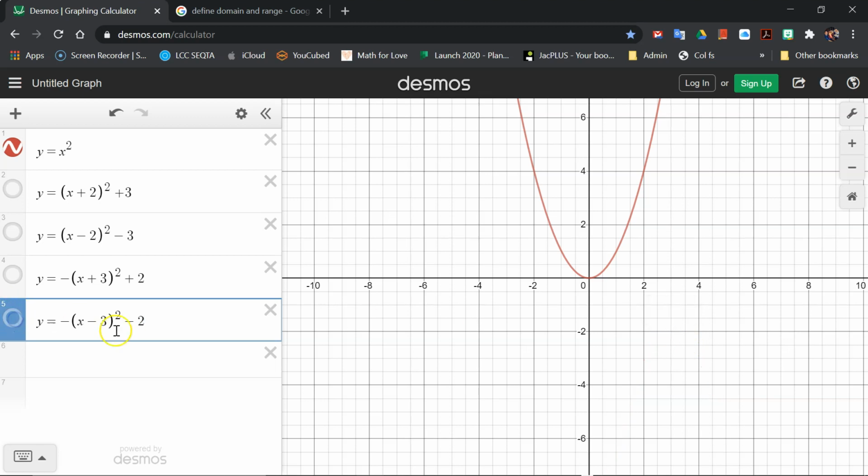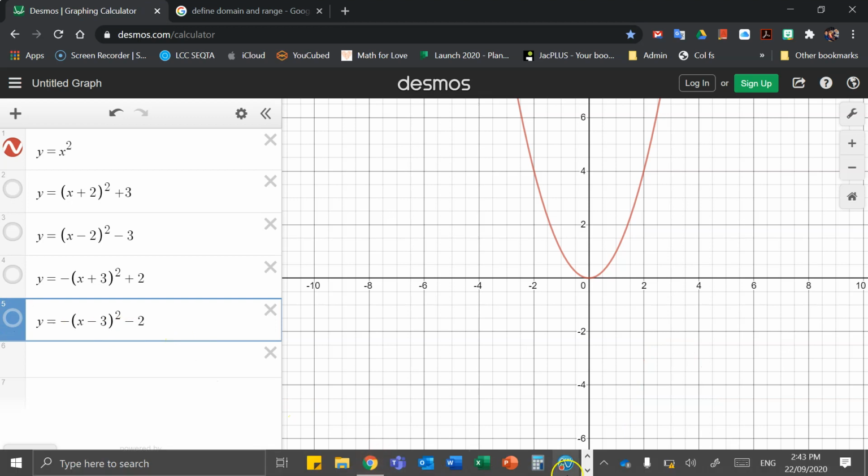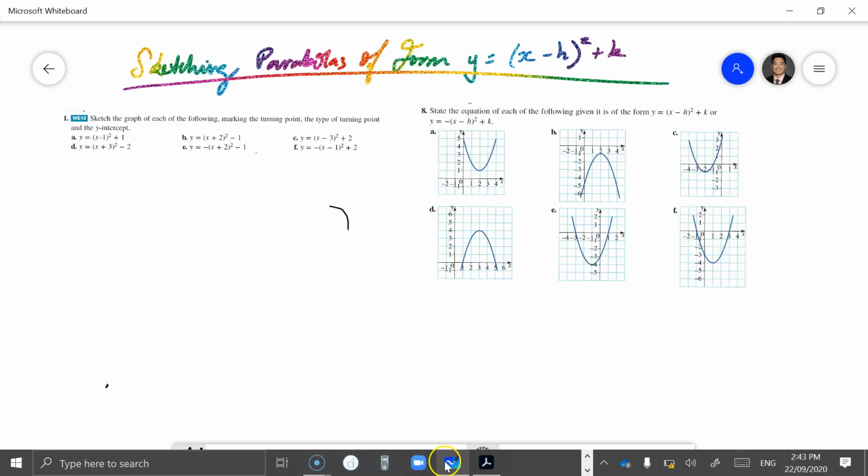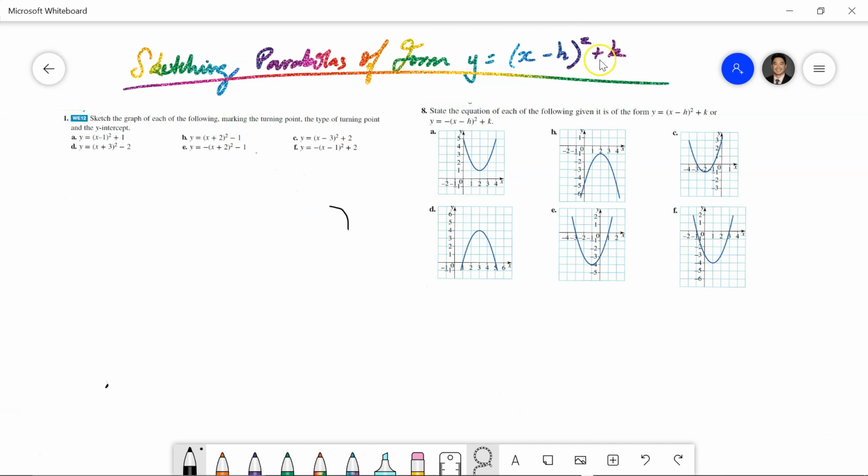Okay, so what I want you to understand is that this formation here is actually what we call turning point form. I'll just put turning point form, and your turning point when you're looking at this particular equation is going to be identified as negative h and k.